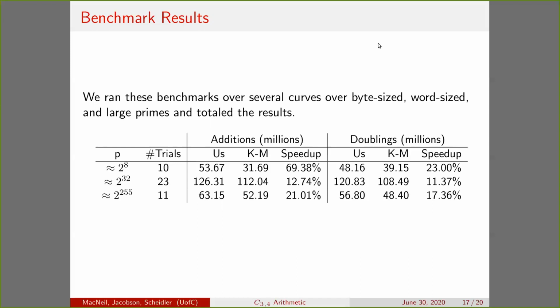We also see this discrepancy between a 69% improvement to add over small primes, or a 23% improvement to double over small primes. That large gap is probably due to the fact that atypical cases arise much more frequently in addition compared to doubling.